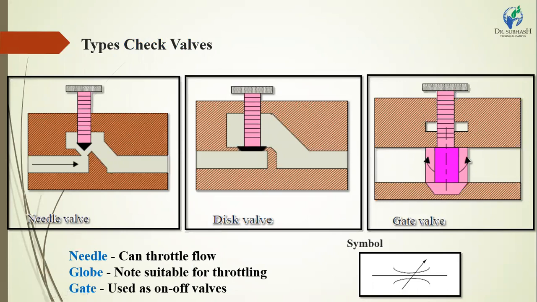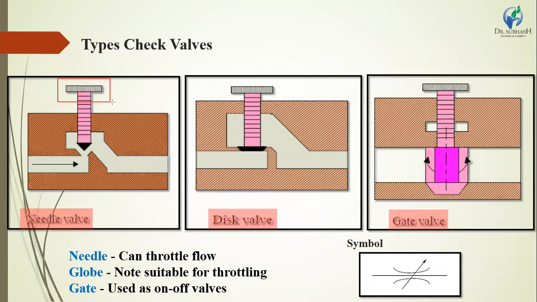Here are the types of flow control valve. The first is a needle valve, the second is a disc valve, and the third is a gate valve. The symbol is the same for all types of these valves. You have to know about the construction side.